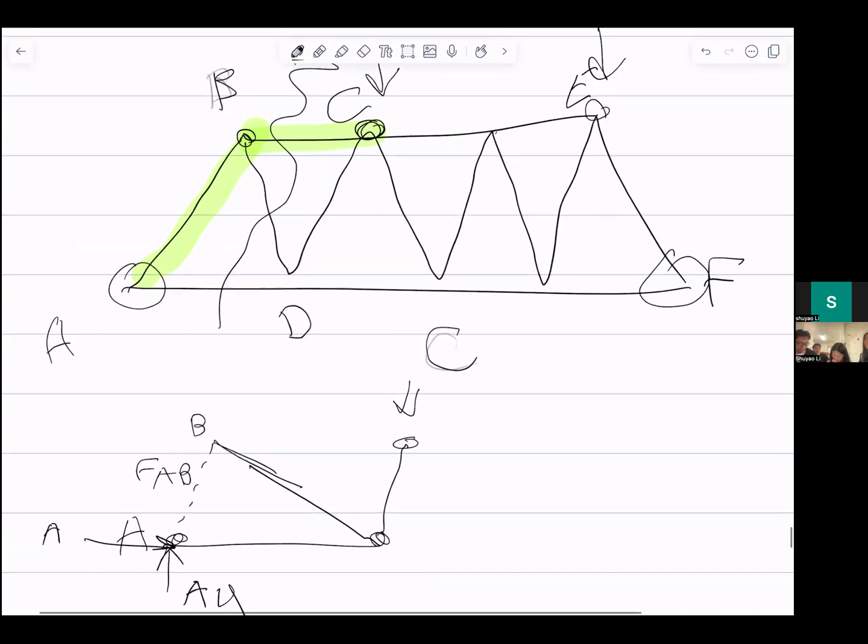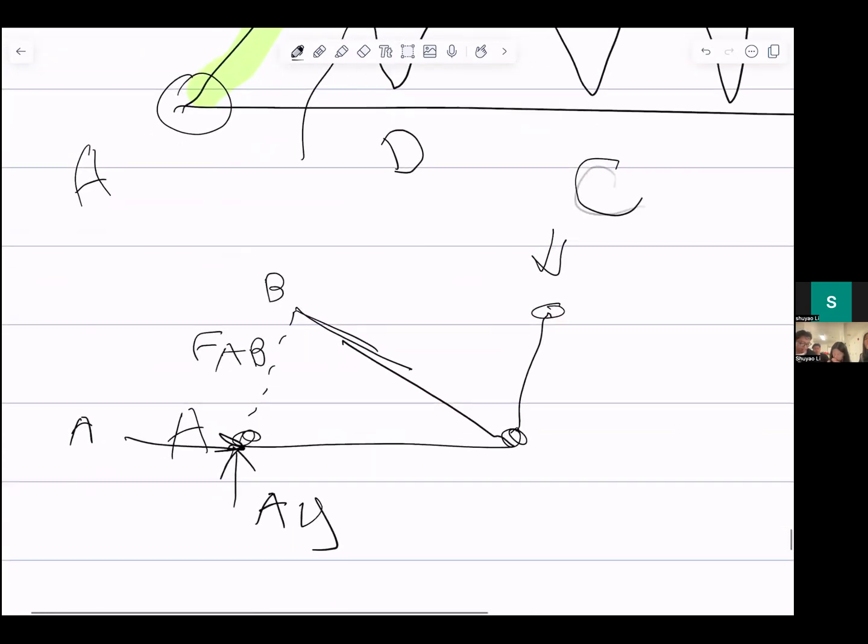Based on this, we are able to either take a moment about a point to find, say, an unknown at FAB. For this example, we're assuming that they're all right angles, so we don't have to worry about that. We can just say the angle is 45, so it's just going to be 1.